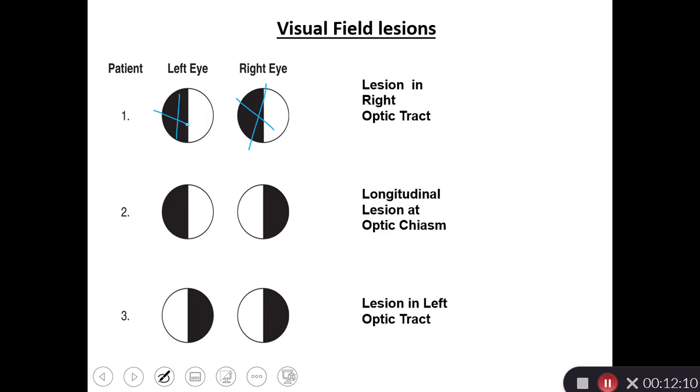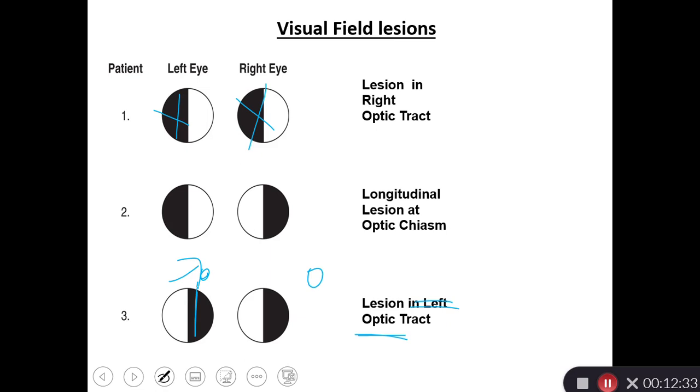How about if we have damage in the left optic tract, then the right vision field will be blind, meaning the left eye central vision and the right eye peripheral vision, your right vision field.